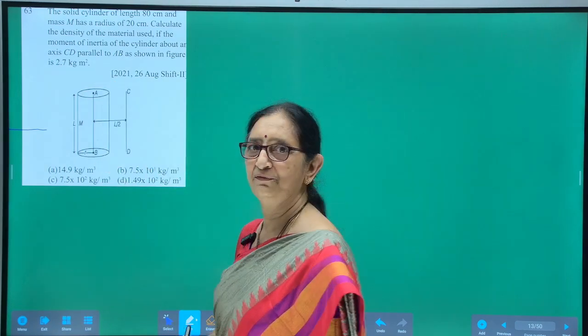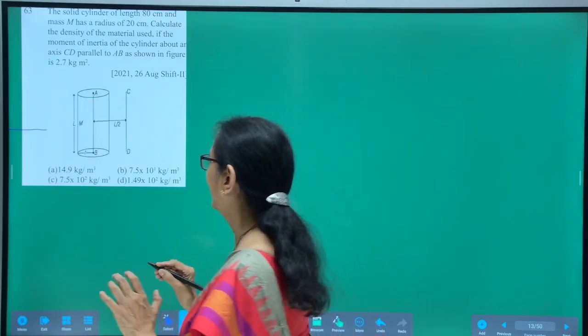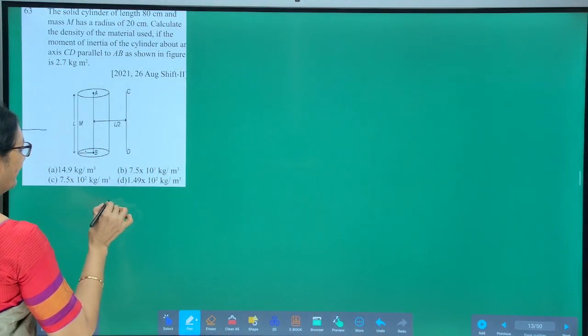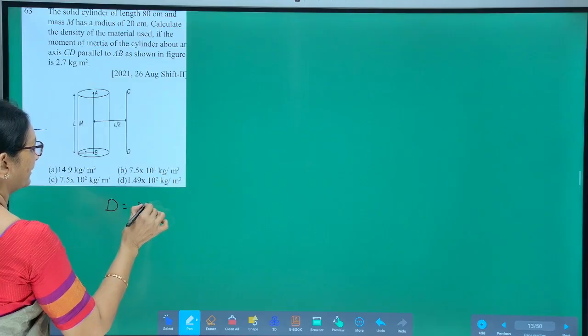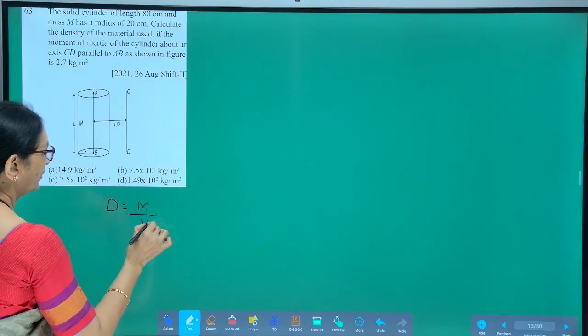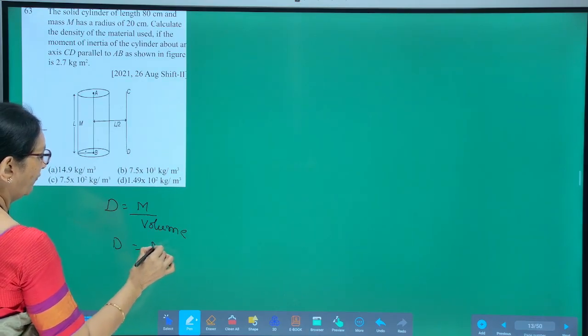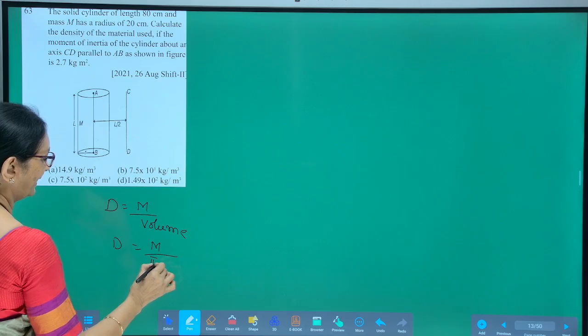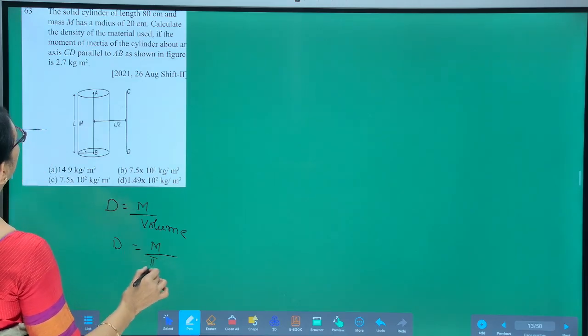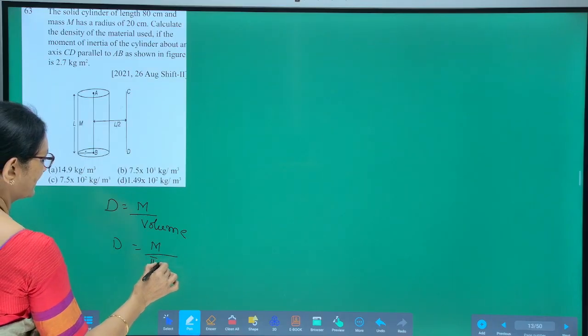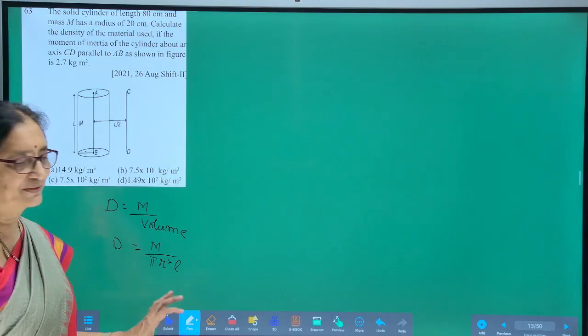You are supposed to find the density. How do you find out density? Density is equal to mass by volume of the cylinder. And for a cylinder, volume is pi r square h, or pi r square L, where L is the length of the cylinder.